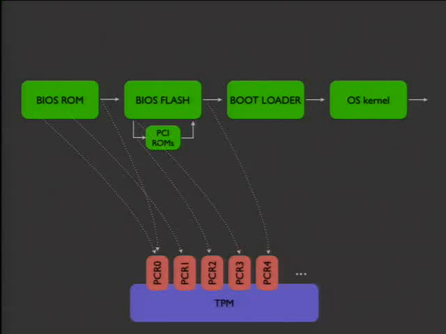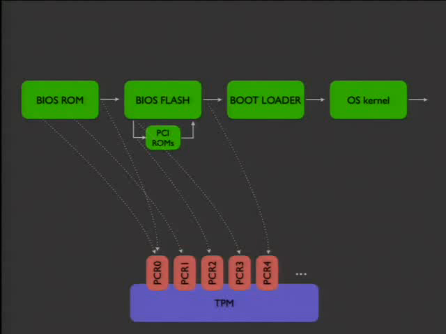That would result in some of the PCRs being extended with a different value, which means the resulting value of PCR would be different. Which means that if we sealed something before, now the system, which is booted with an infected, compromised configuration, would not be able to unseal data from the TPM. We're going to discuss those scenarios in a moment.